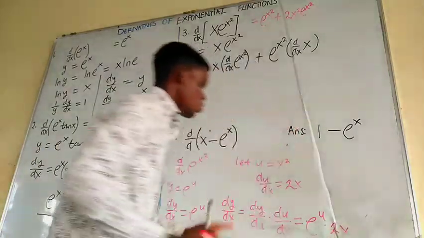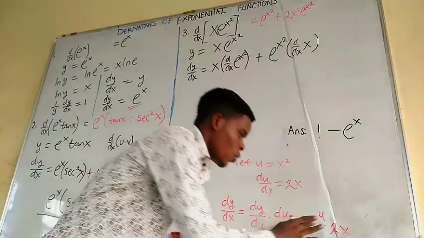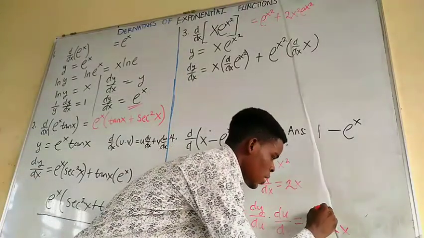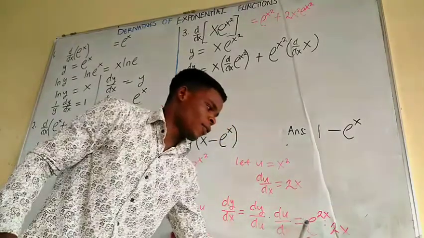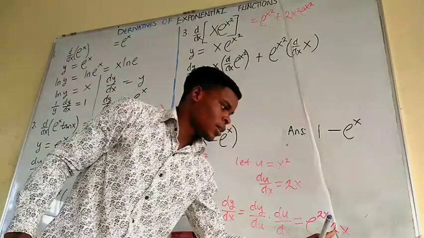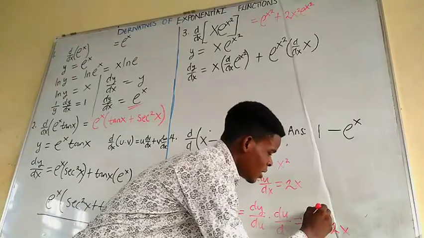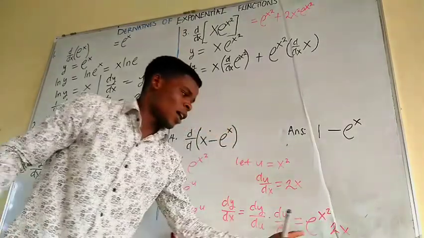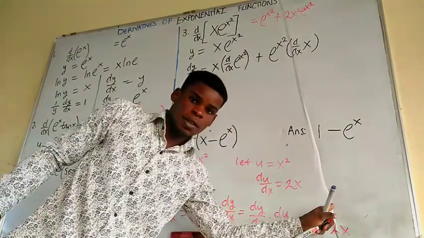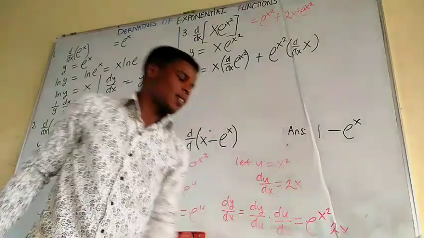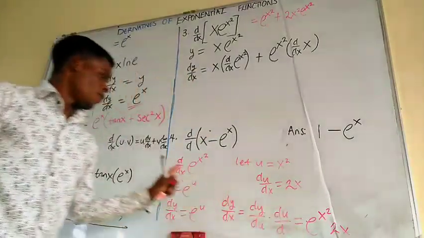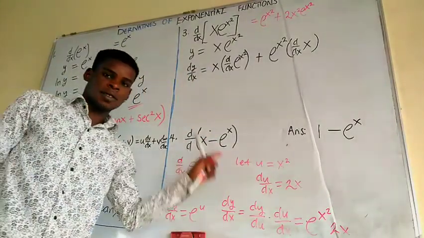Okay, so what was u? Well, u was equal to x squared. We can just take this out and just put right there, x squared. So we have e to the x to the second power times 2x. Okay, so that is the derivative of e to the x to the second power.